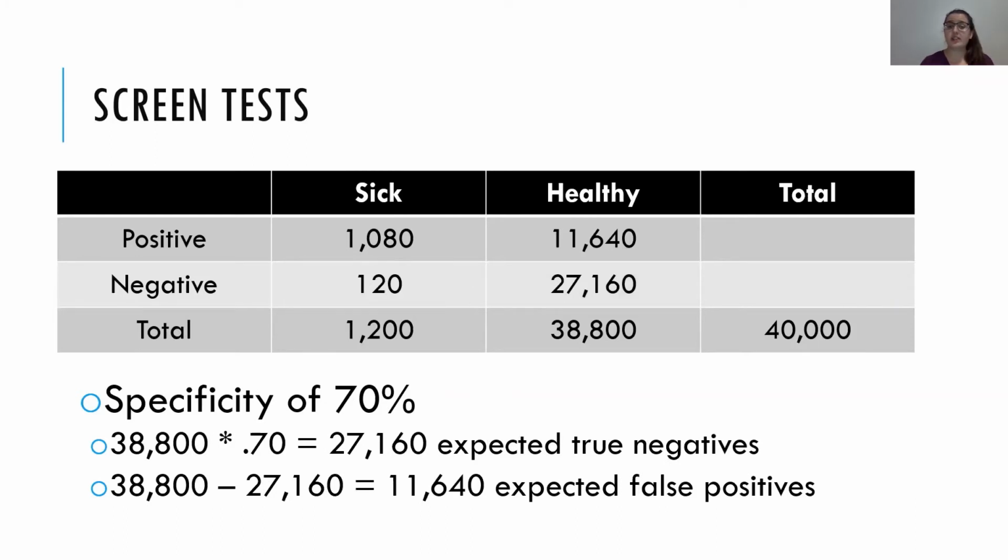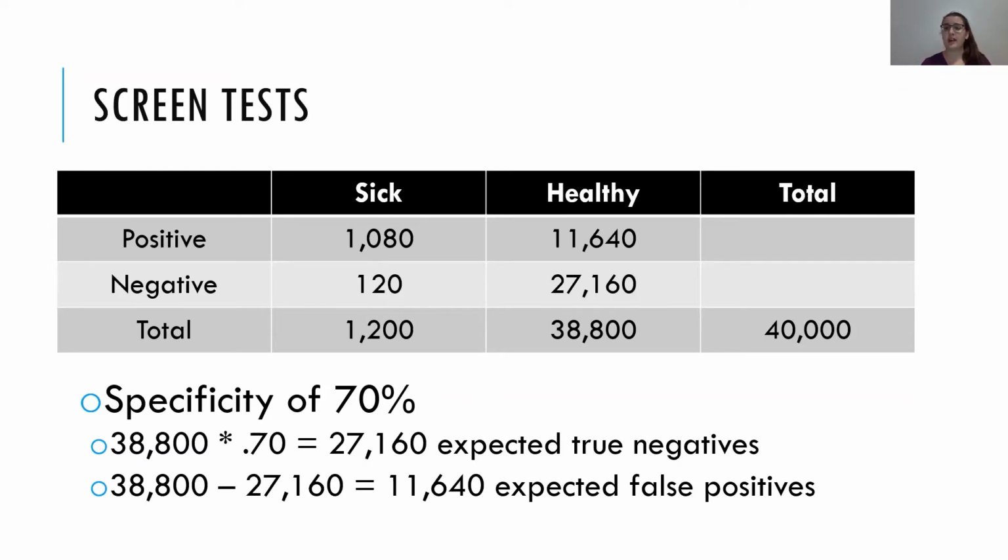Now, if we look at our specificity, we'll see that it is 70% accurate. So of the 38,800 healthy people that we have at OU, if we tested all of those people, we would expect to get the correct result for 70% of those tests. So of those 38,800 healthy people, we would expect to see 27,160 true negatives.